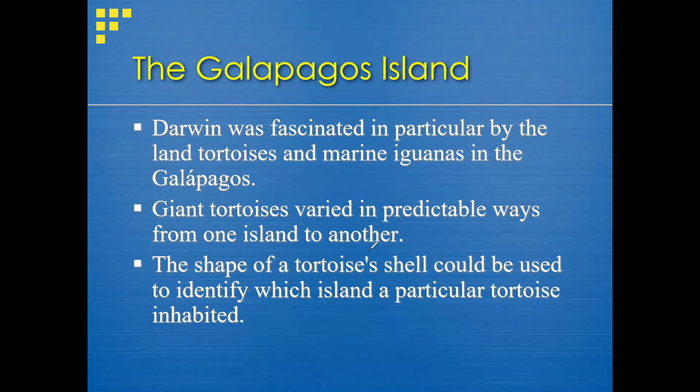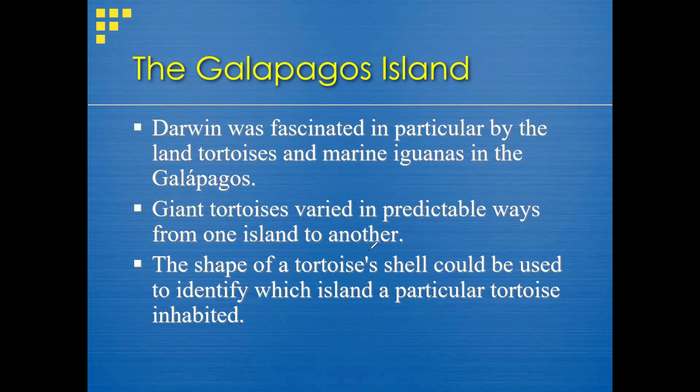The giant tortoises vary in predictable ways from one island to another. So when he made this journey, one of the organisms that surprised him was that he observed varying types of giant tortoise from one island to another, and the shape of the tortoise shell could be used to identify which island a particular tortoise inhabited.